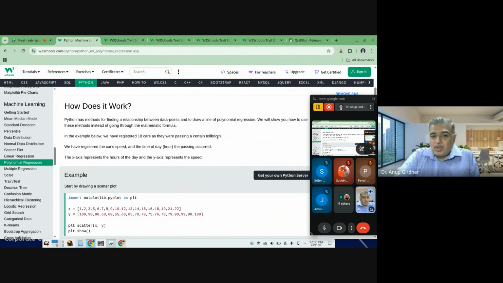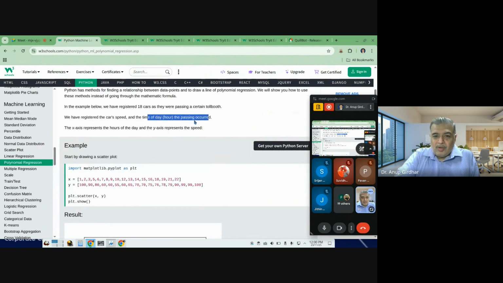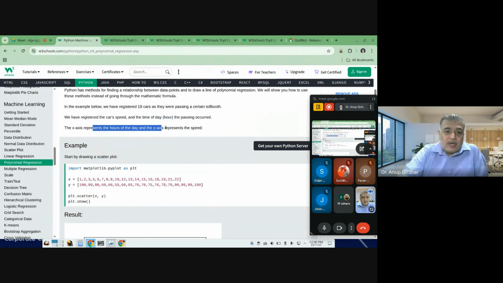If cars are going through a toll booth and we want to register some values, based on those values we'll try to extract some information. Let's make it a hypothetical case. We have a registered car speed, and the time of day or hour at which the car passed. So at what time these cars were passed.